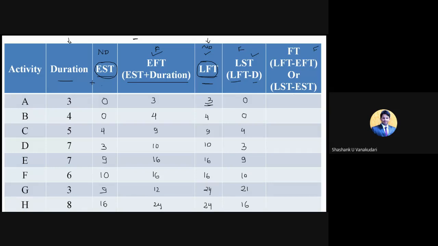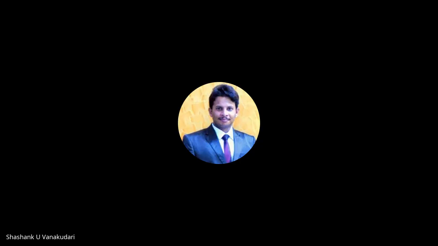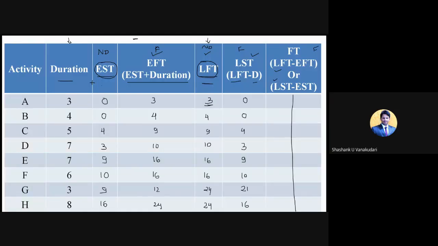Now I can write total float by using two formulas: LFT minus EFT, and one more you can use, LST minus EST. Just make two columns here. Now LFT minus EFT: 3 minus 3 is 0, 4 minus 4 is 0, 9 minus 9 is 0. Everything is 0, sir. Yes, very good.